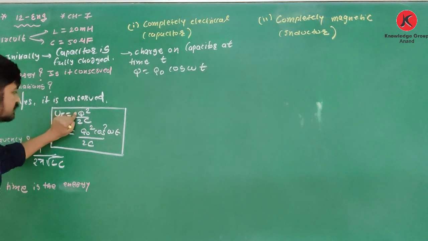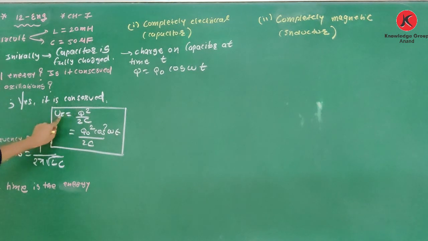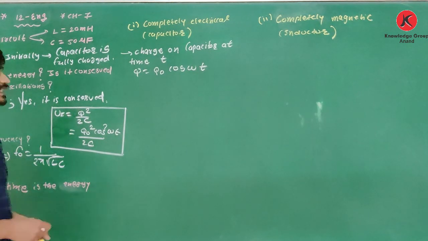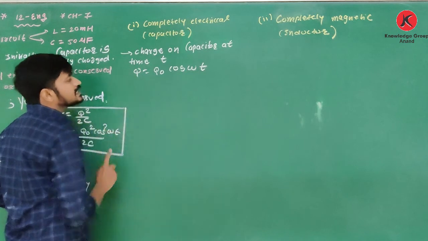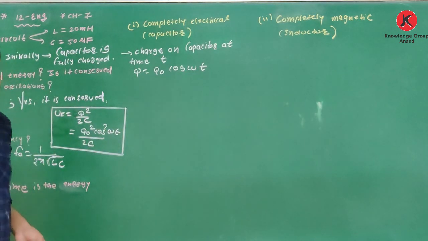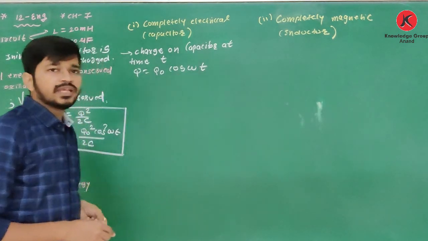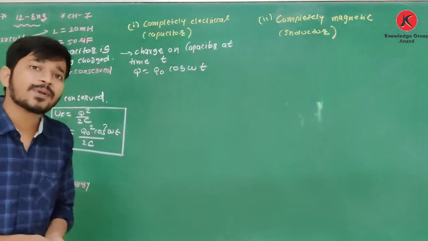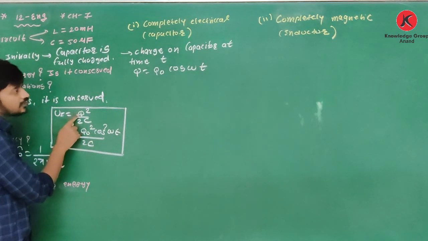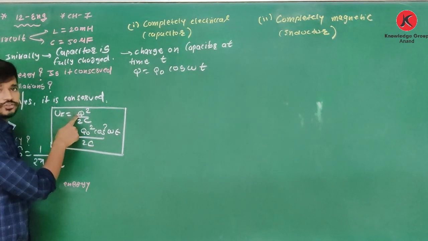If charge on the plates of the capacitor is maximum, then energy stored in the capacitor is also maximum. And this charge will become maximum where the value of cos omega t is plus or minus 1. Why plus or minus 1? Because here it is Q square.